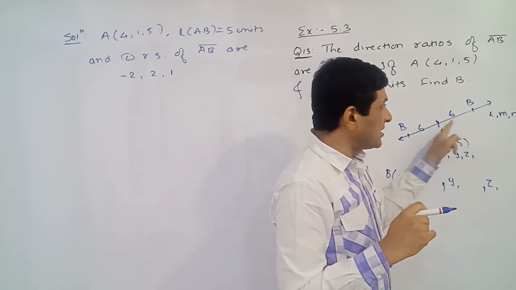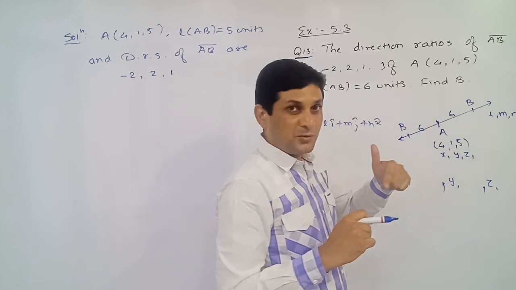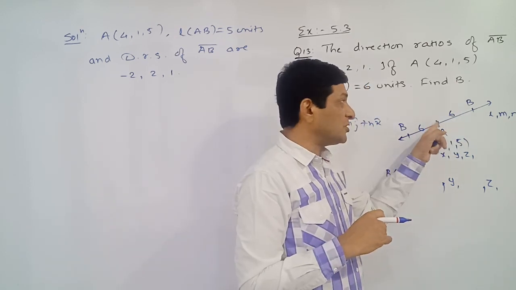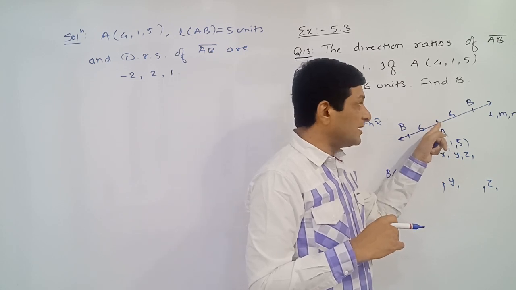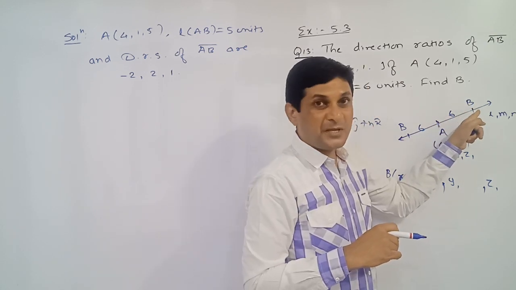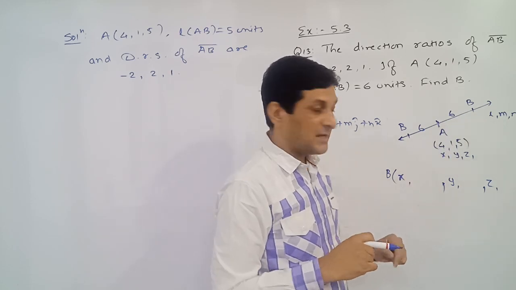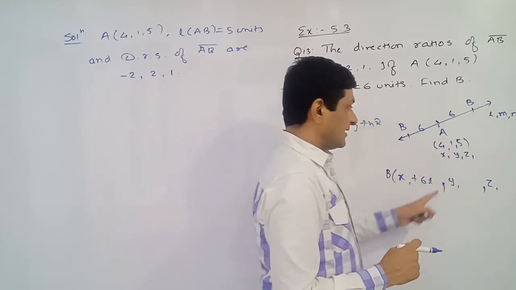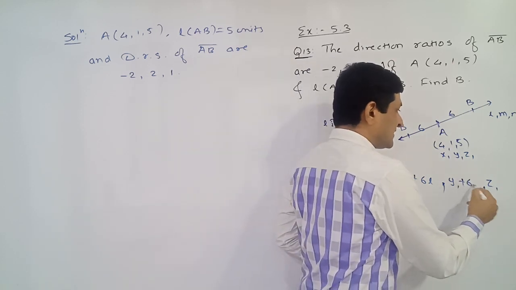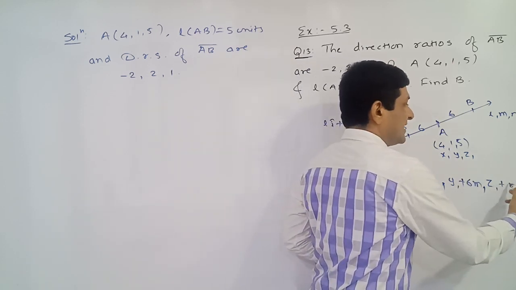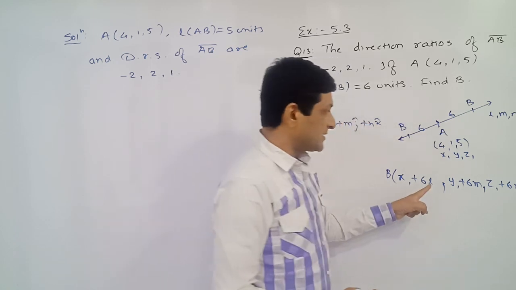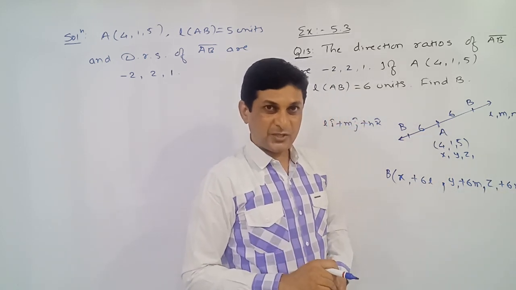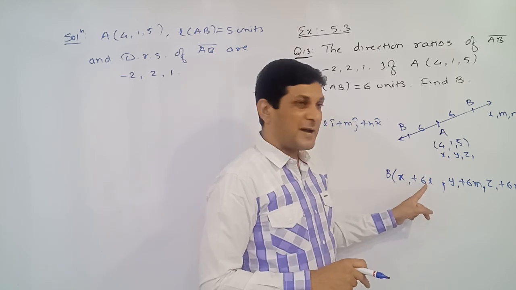And if we multiply it by 6, then we will get a new vector whose magnitude is 6 units and initial point is A. And what are we finding here? B. B is at a distance of 6 units. So that's why here we are adding 6L, and here we are adding 6M, and here we are adding 6N, because L, M, N are nothing but direction cosines, and we are multiplying them by 6.